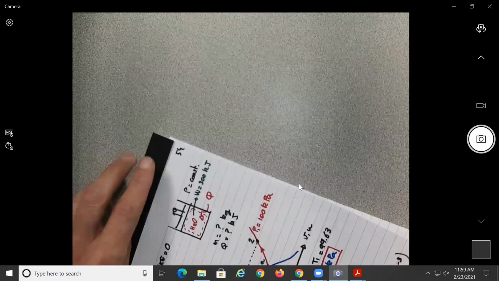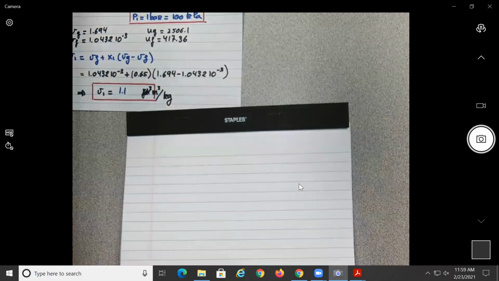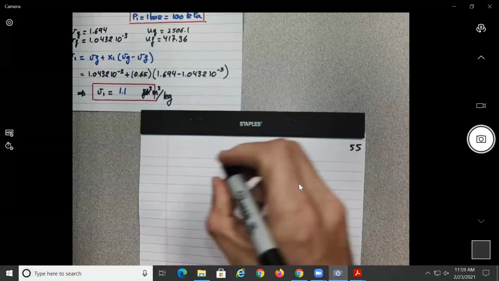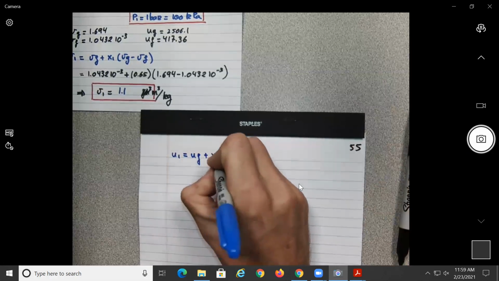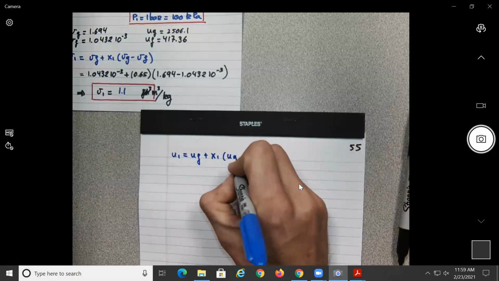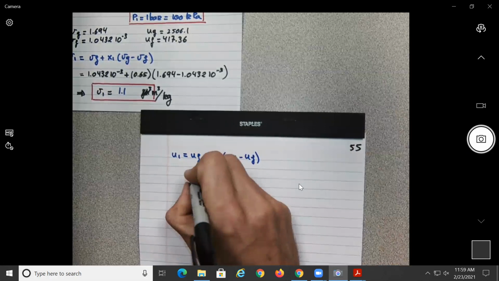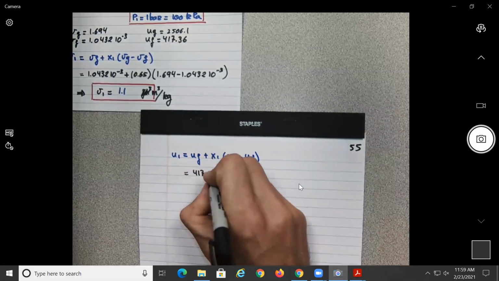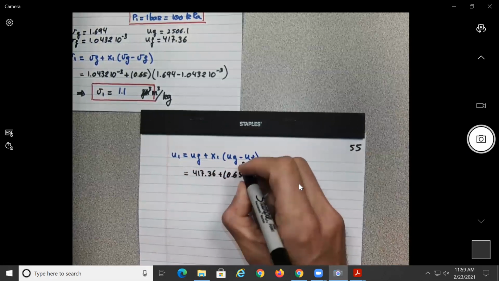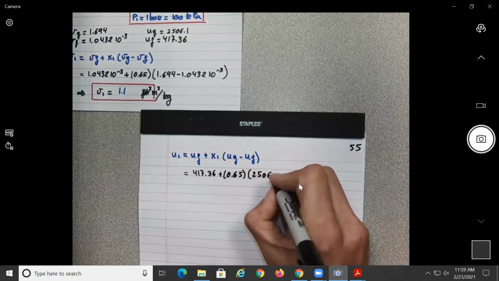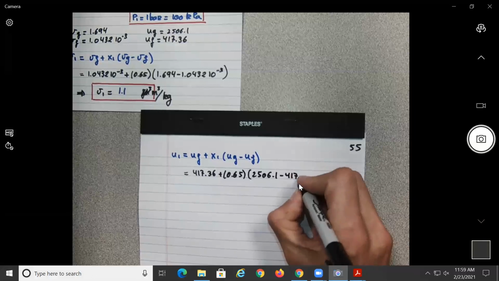So we'll have U2, no, U1, sorry, will be equal to U sub F plus X sub 1 times (UG minus UF), which will be 4017.36 plus 0.65 times (2506.1 minus 417.36).